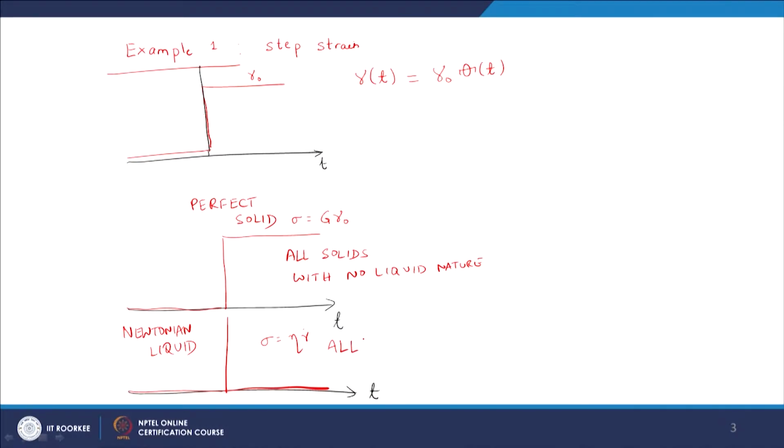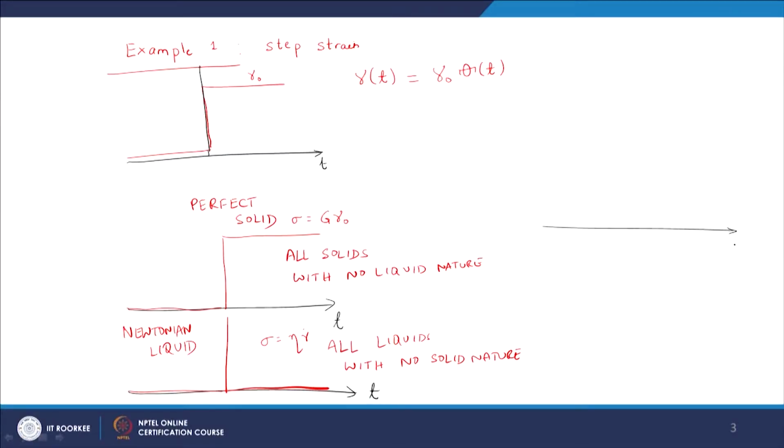So, these are all liquids with no solid nature. So, this is the kind of expectation we have. Now, let us imagine what happens if it is a viscoelastic material.